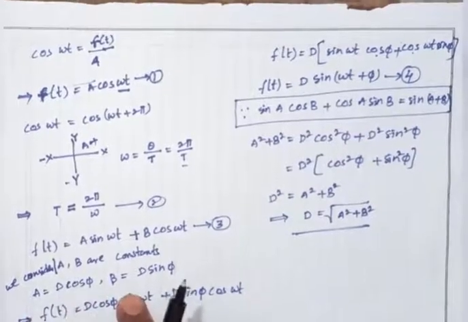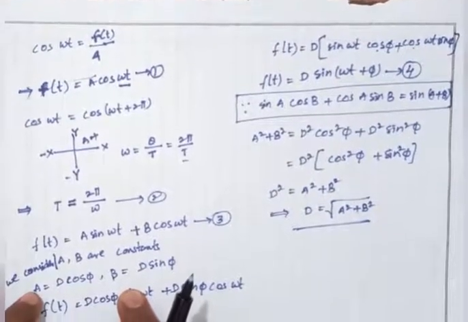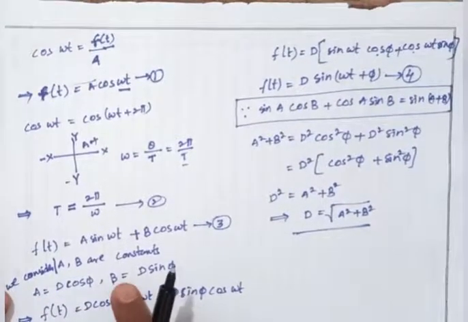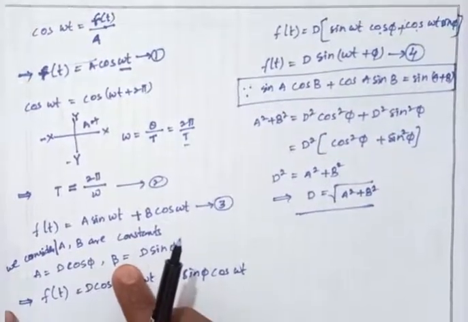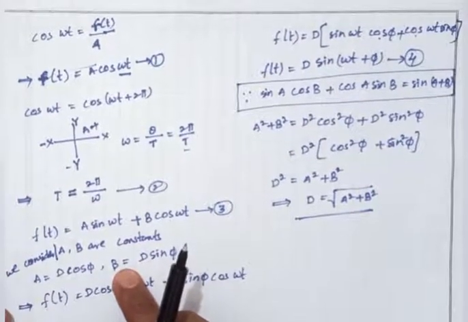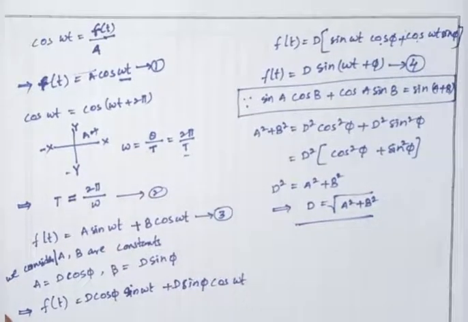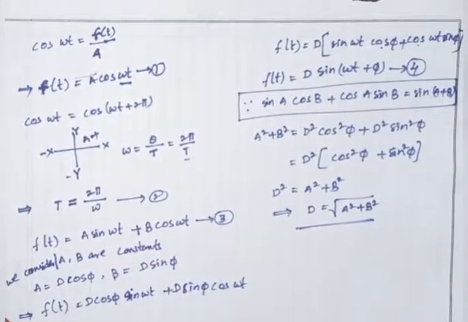These constants are the maximum displacement along the x direction and along the y direction, in uniform circular motion: b along y direction, a along x direction.